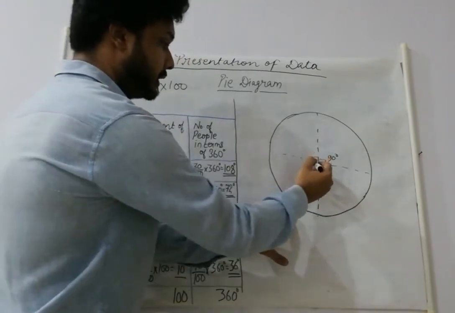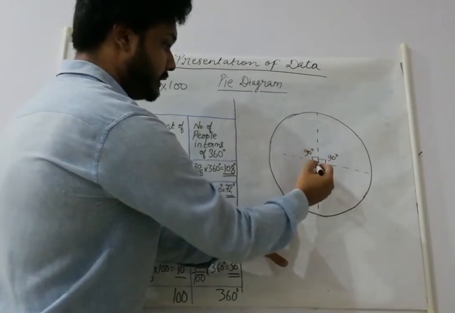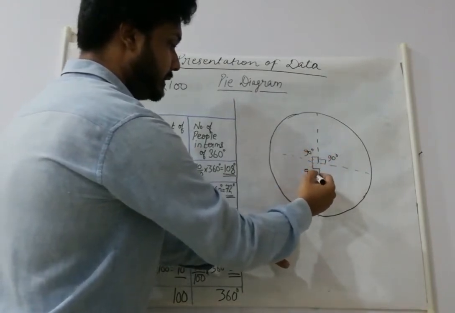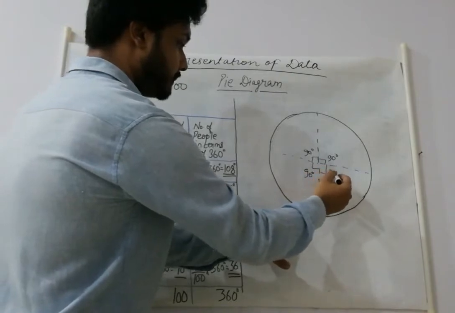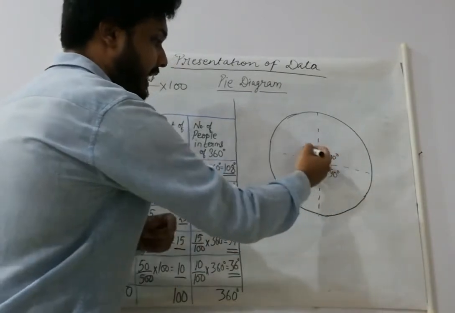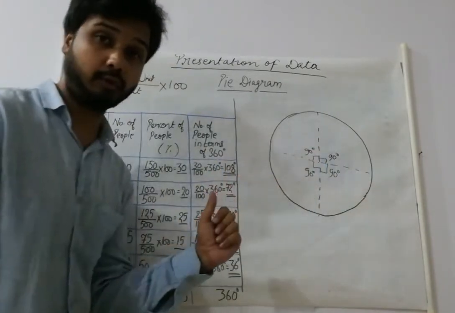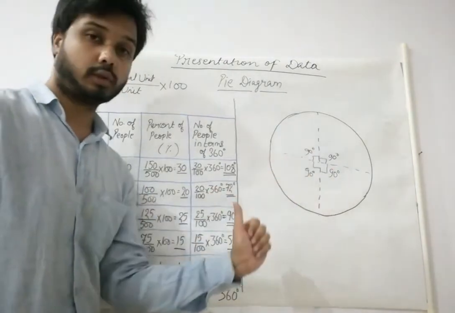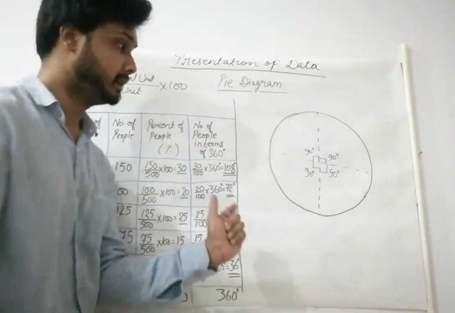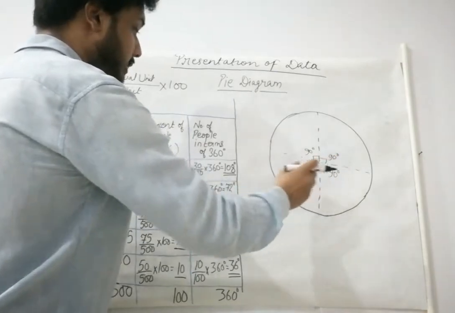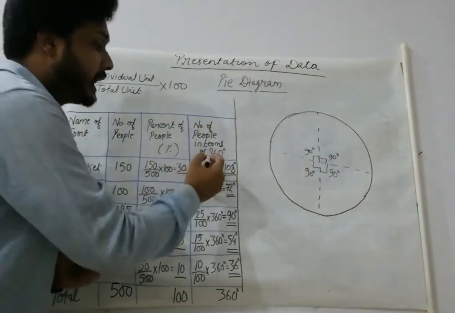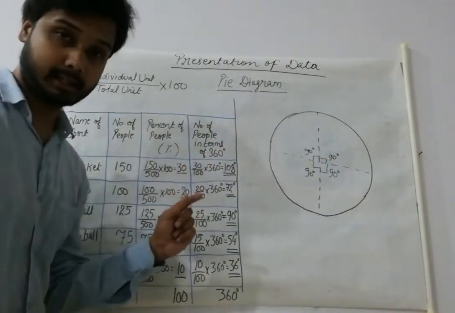This is 90 degrees, this also 90 degrees, here also 90 degrees, and this one also. When we add all these 4 parts, it comes to a total of 360 degrees. That's why we take the pie diagram in degrees, and that total is 360 degrees.